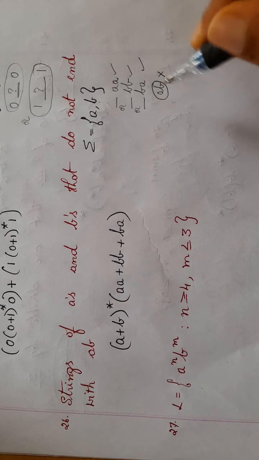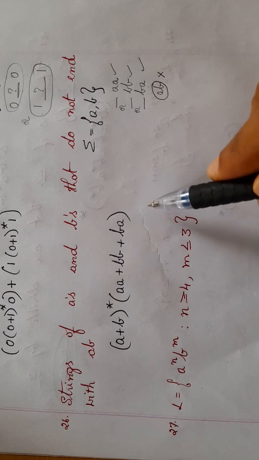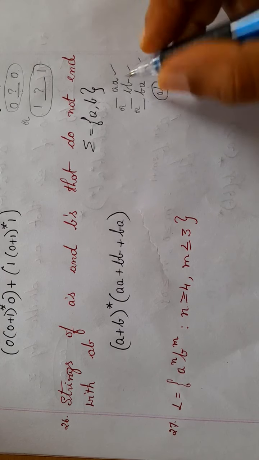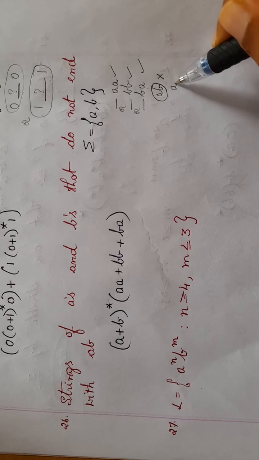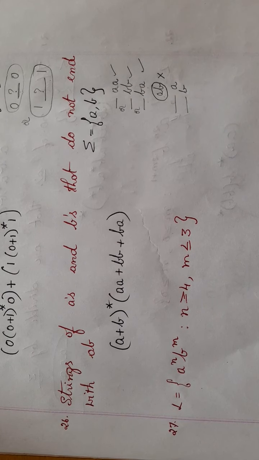So here it shouldn't end with AB, but it can end with A and it can end with B, and in the beginning it can have anything.